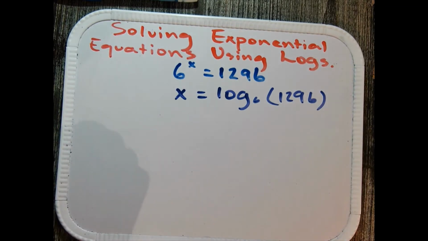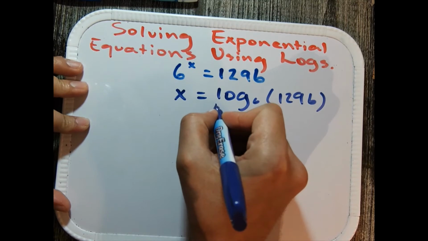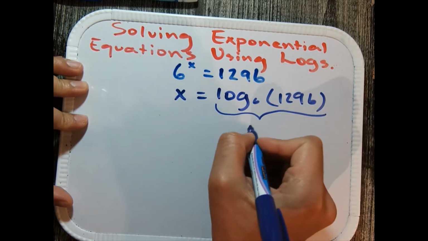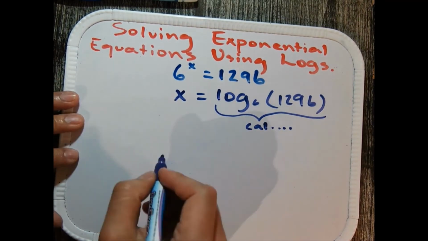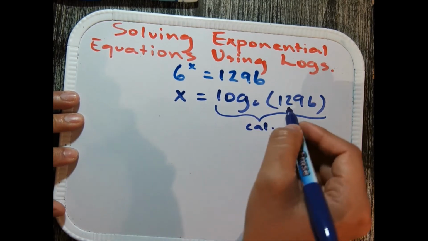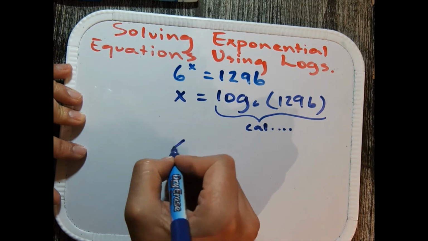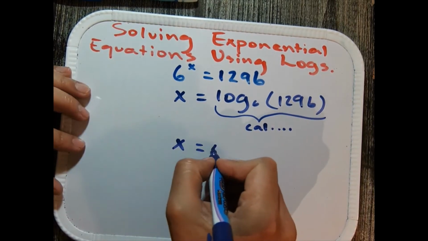All right, so now we're done. For this part, we absolutely have to use a calculator and evaluate. When I put log base 6 of 1,296 in the calculator, what I get is x equals 4.